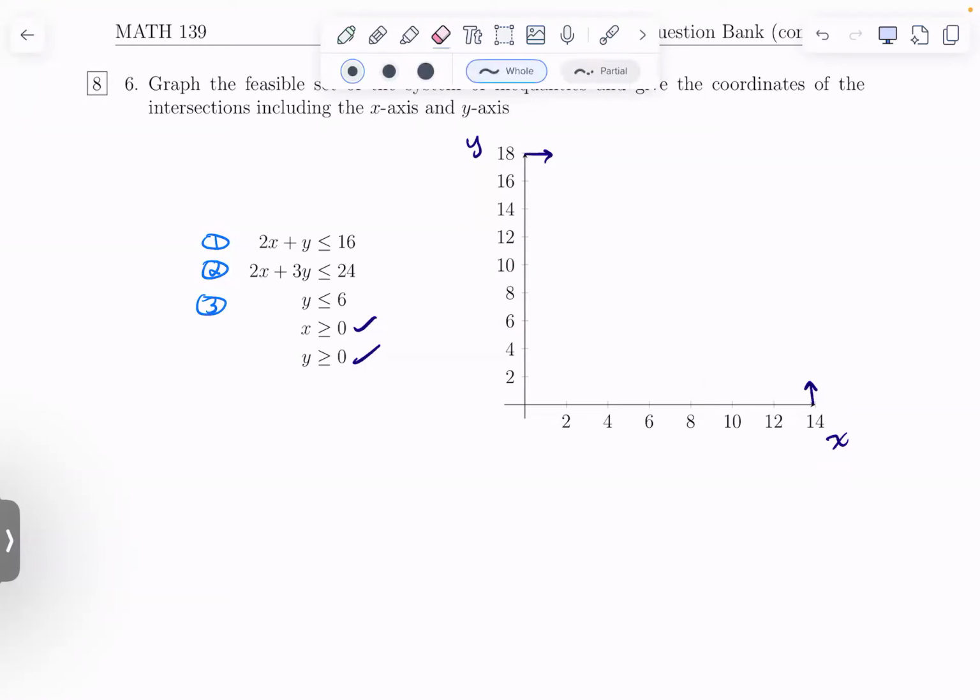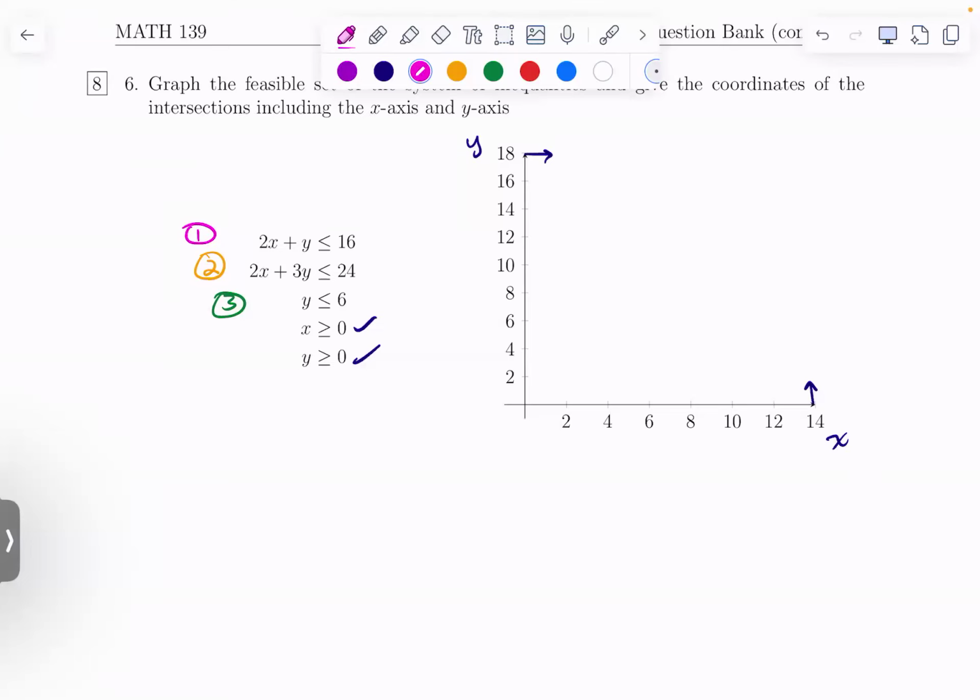All right. Let's give these different colors. That might be nice. 3, 2, 1. Let's start with 3. 3 is a gimme. Why?